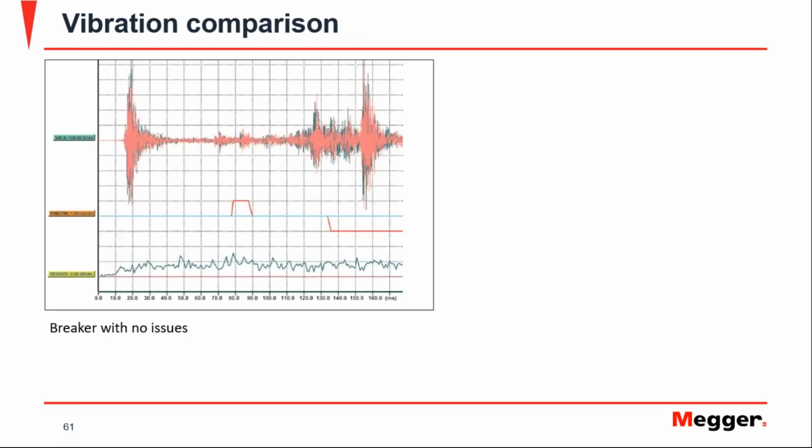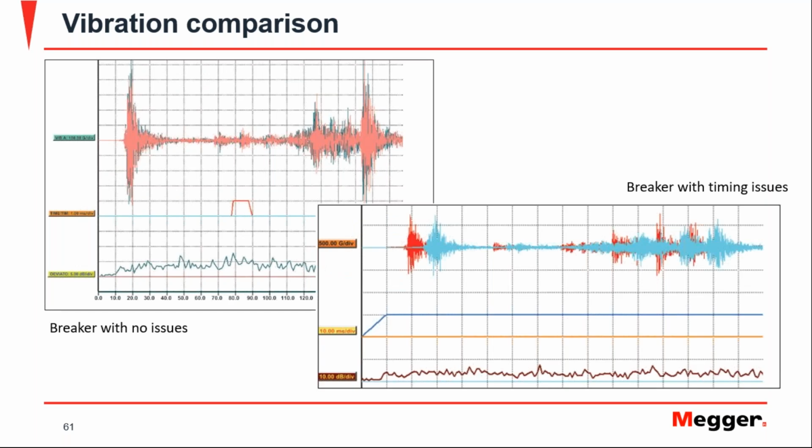Here you have a comparison of a breaker with no issues. You can see the vibration curves, you have 2 colors there, pink and light blue or light green, and they are almost overlapping identically, so no big changes. However, in this other one, you have a breaker with timing issues.